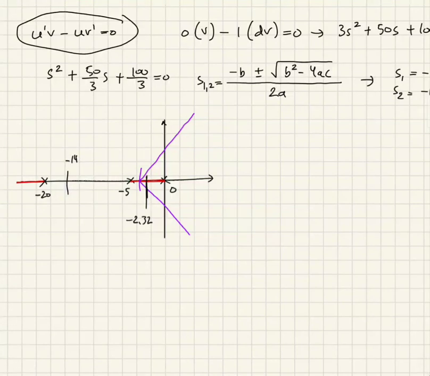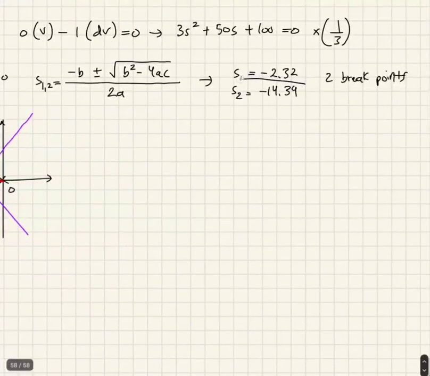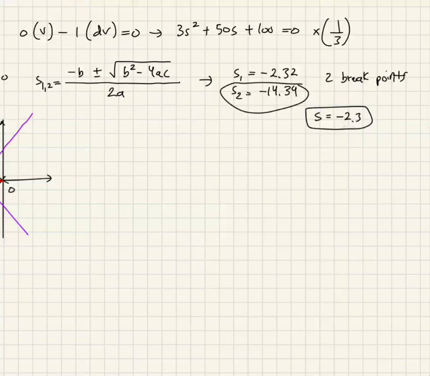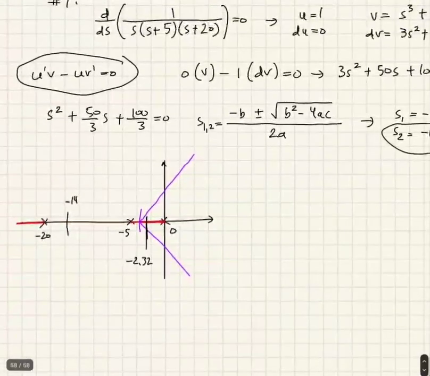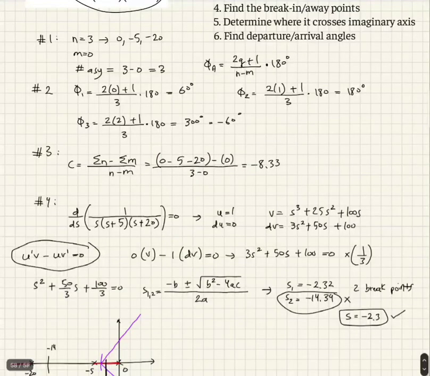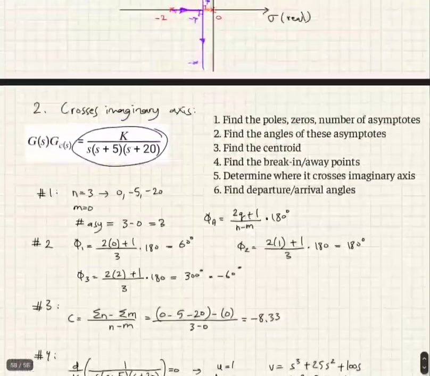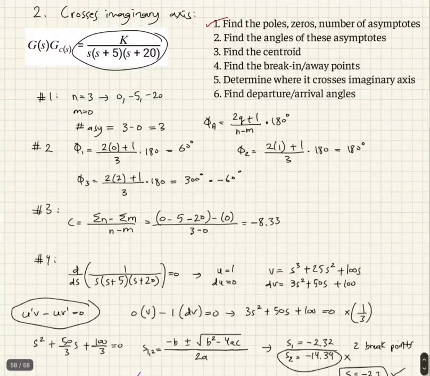It does not lie on the locus, so we just disregard this value, okay? So the only thing that we take into account is just -2.3. That's it. This is our only breakaway point at -2.3. All right, so so far we've done this, we did this, we did this, we did this.